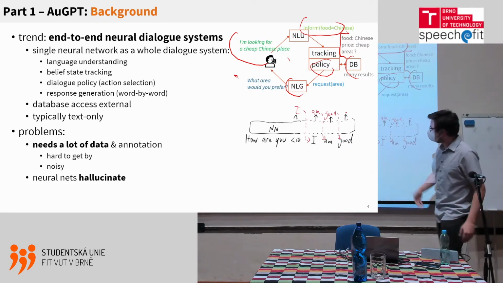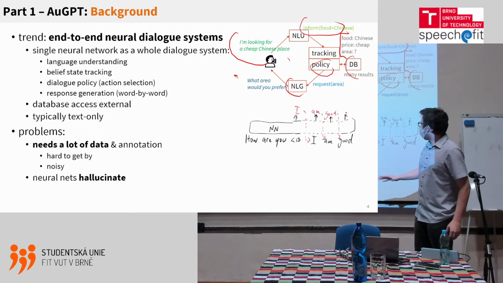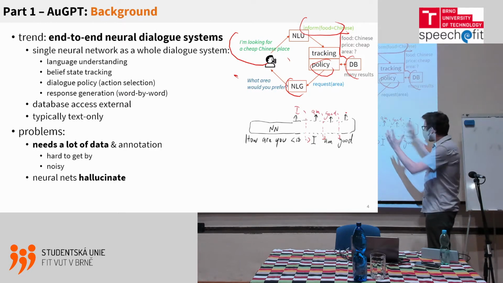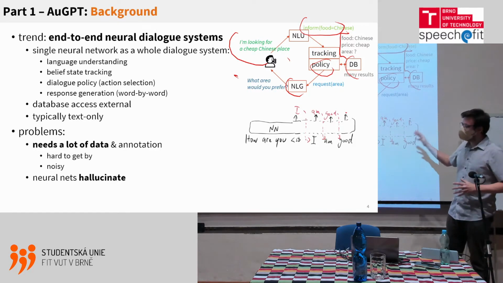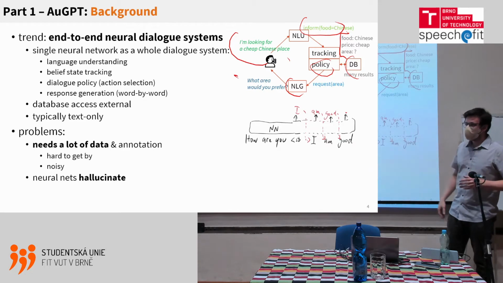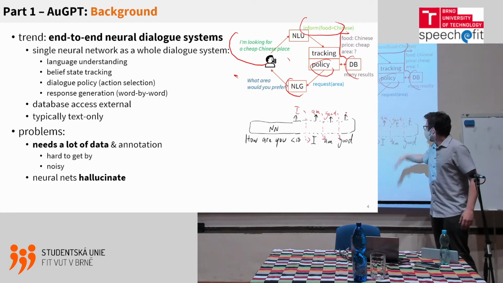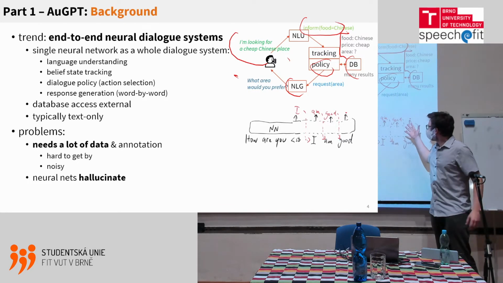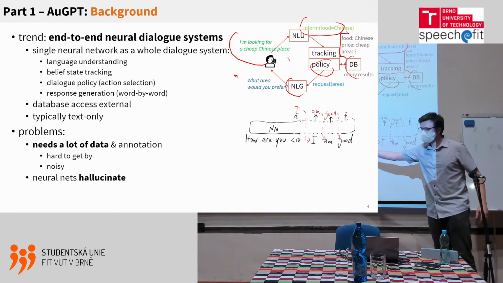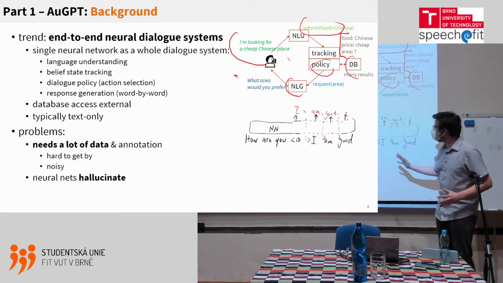The second problem, which affects a lot of end-to-end neural approaches, not just dialogue systems, is that if you fit everything into one big neural net, it's very hard to control. You may get cases where the output is inconsistent with the input and doesn't make sense.